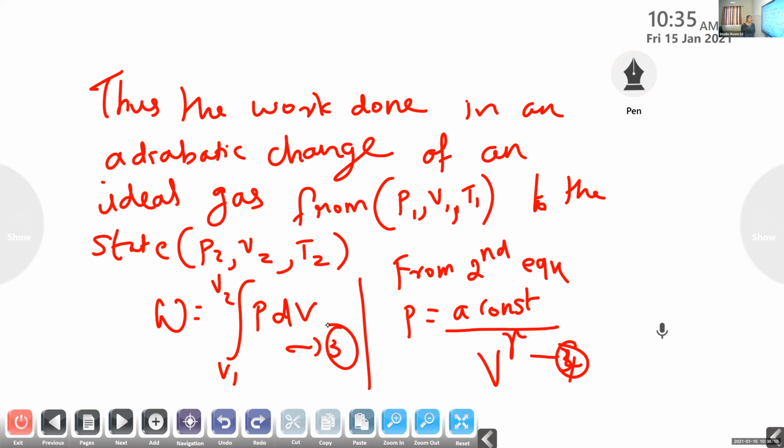Now write down: substitute the value of P in equation 3.